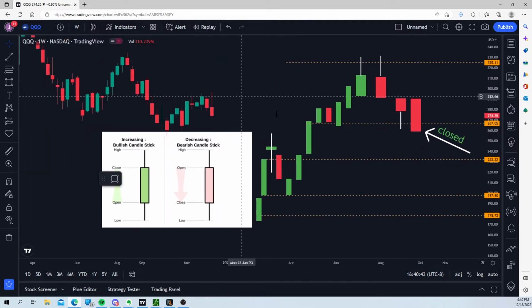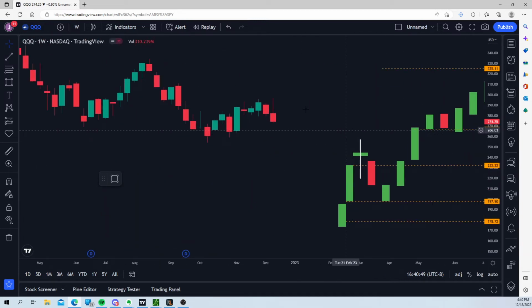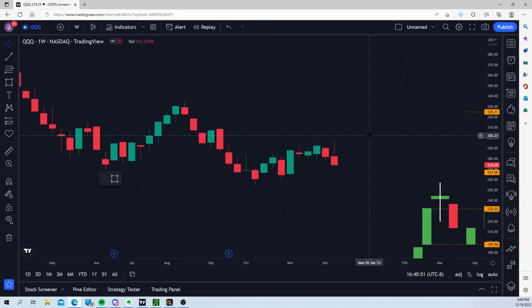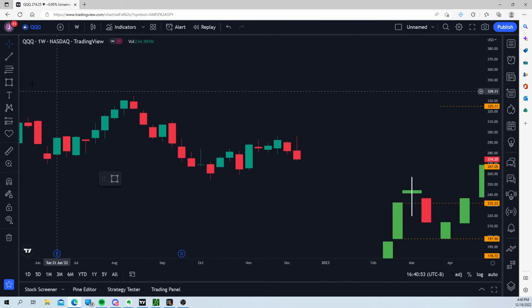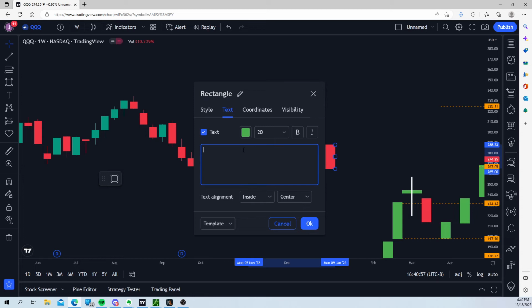So now, same thing that I said, this is the power candle, so you need to know your candles. Here on this QQQ weekly, the candle that looks more strong is this green one. Buyers are all in that section.